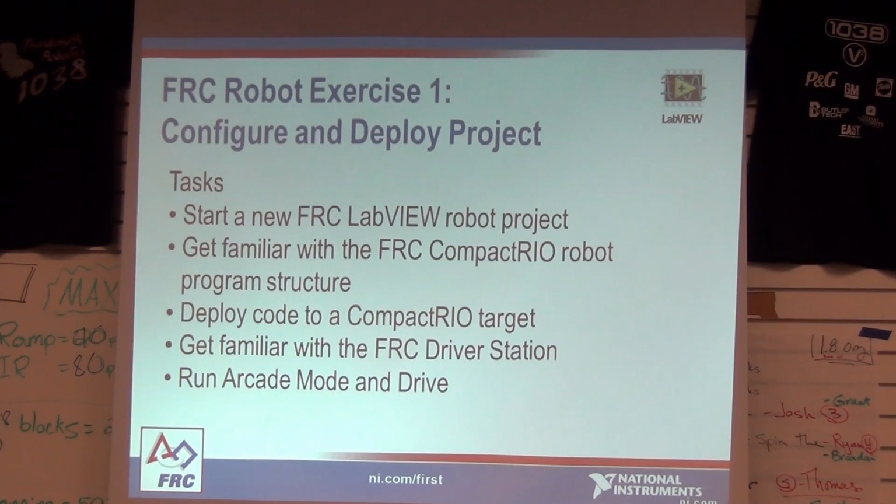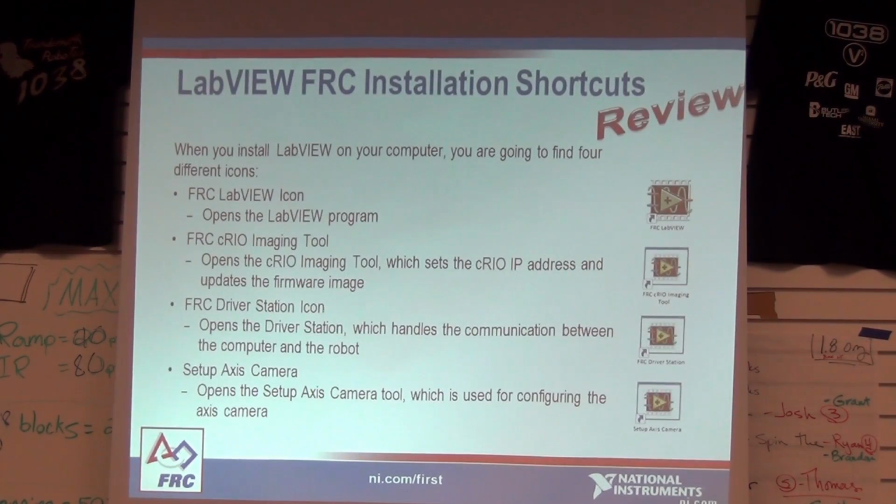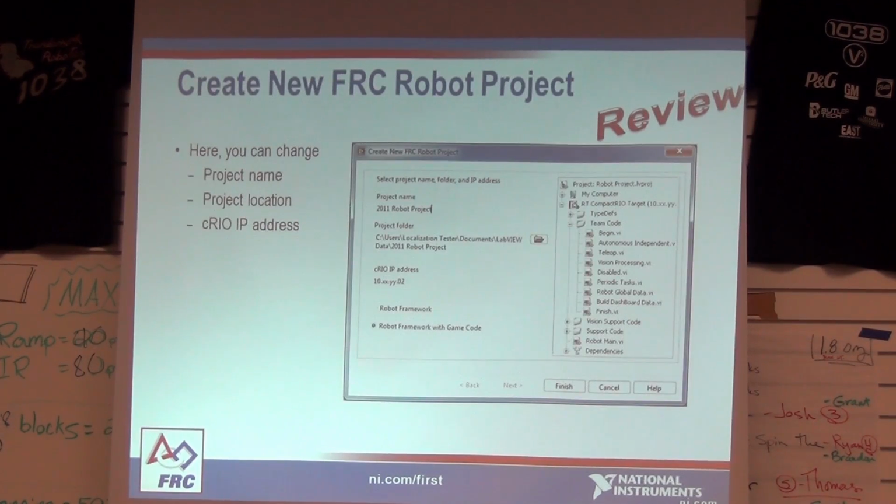Okay, so you build all your logic in LabVIEW, and then you have to get it on the robot so that you can test it. You want to build all of your code up into an executable, and then you need to deploy that executable to the cRIO. Okay.